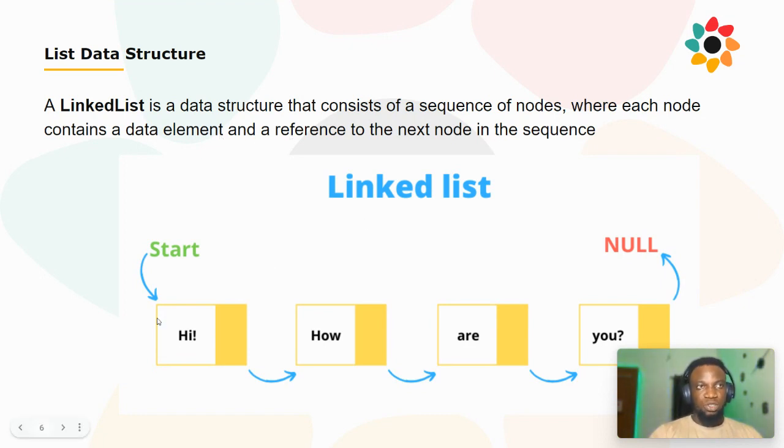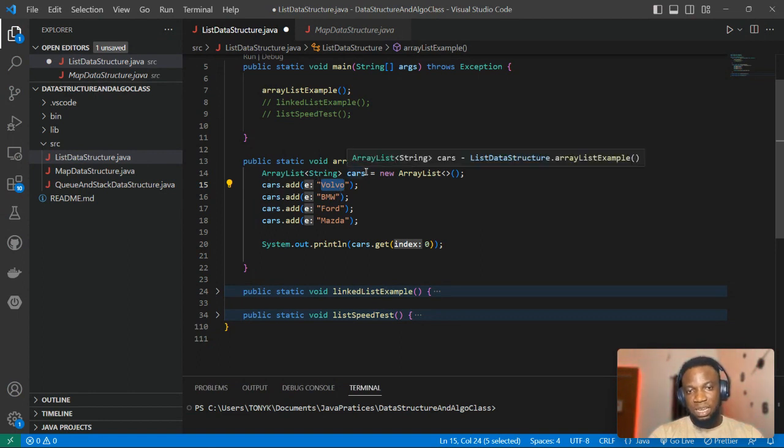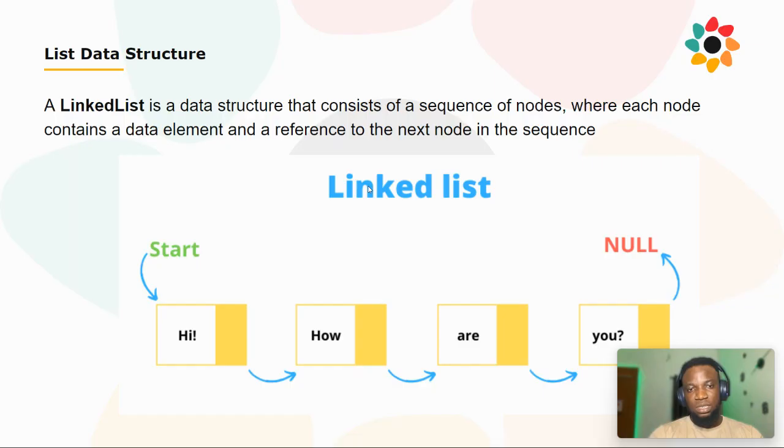Imagine what we have in an array list, where we add this item, Volvo, to this cars array list. Now imagine that this particular item is a node, or an additional object, that is pointing to the location of the next object. That's in a simple way what it is saying.